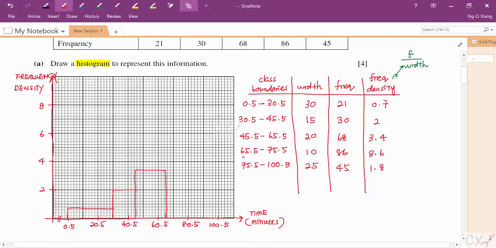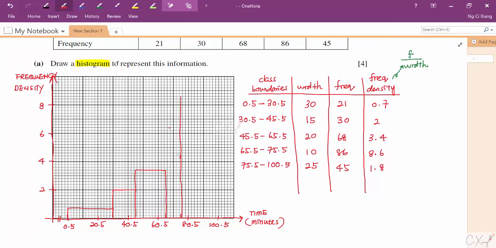Fourth bar, 65.5 to 75.5, and the height will be 8.6. So where is 75.5? It will be somewhere here also. And 8.6 will be 3 small boxes above the 8. Sorry, I drew the wrong line.